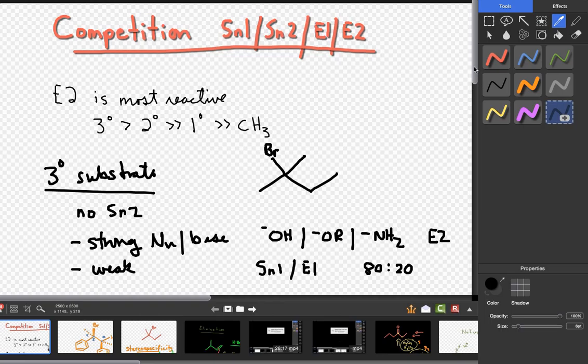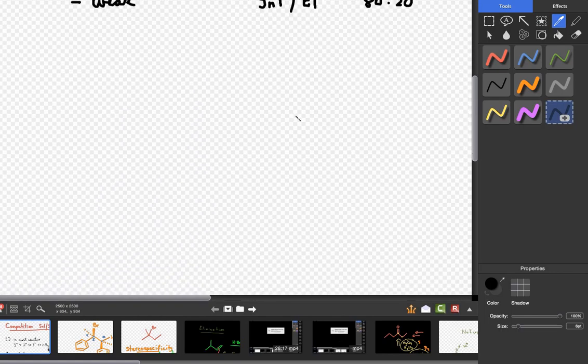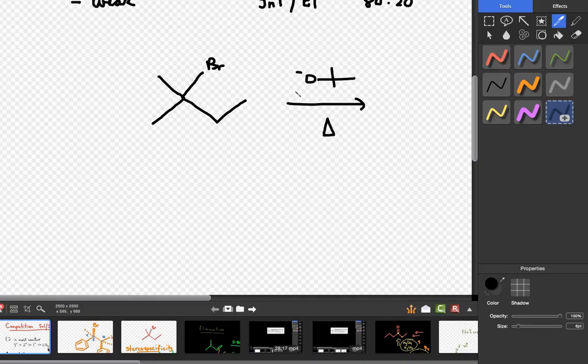non-Zaitsev product. For example, if I were to subject this molecule to potassium t-butoxide and heat, this base is so bulky that it is going to preferentially remove the most accessible hydrogen.